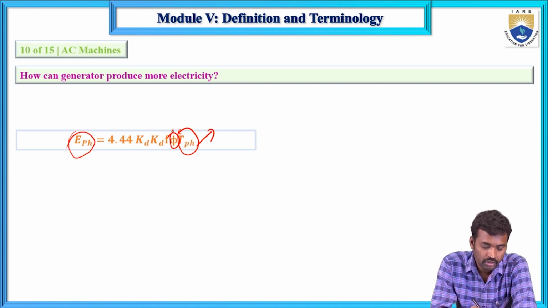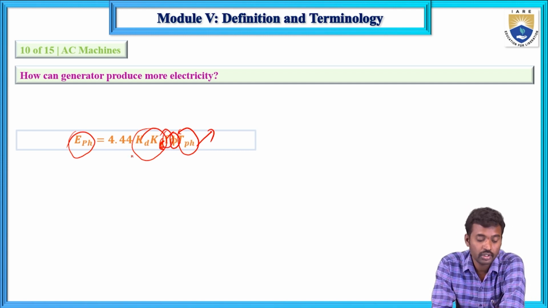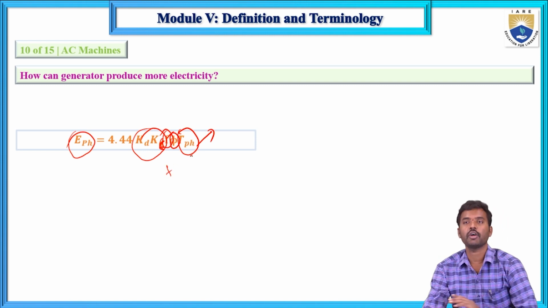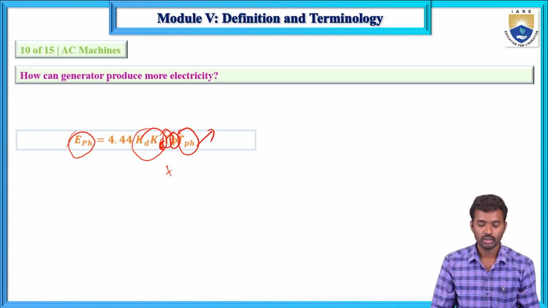If the KD and KC factors also increase, then we can increase it, and the frequency increases also. In case of AC, the induced EMF also depends on the frequency. So it depends on the magnetic field, number of turns and frequency.